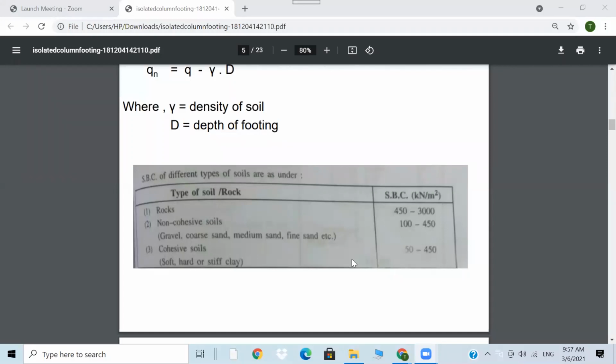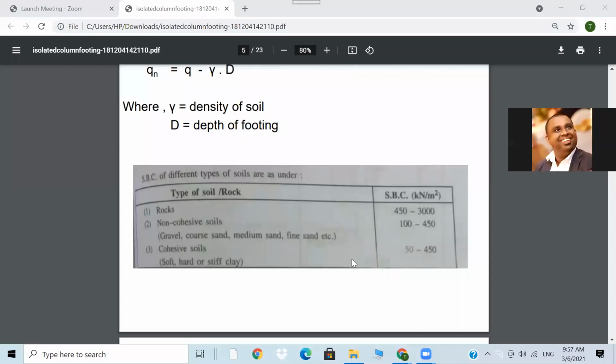Usually in Sri Lankan cases, it is very difficult to find the bedrock within a short depth of the soil. It might go up to 20 meters, 15 meters, etc. So usually for the isolated footings or the raft footings, we will find number 2 and 3, non-cohesive soil and the cohesive soil.